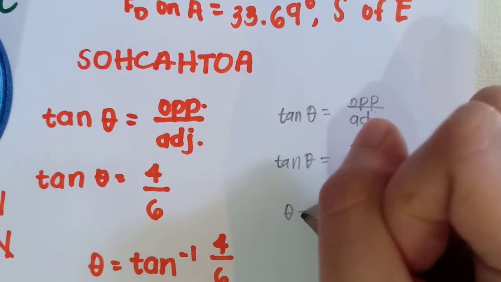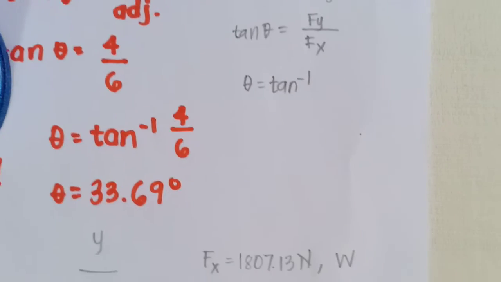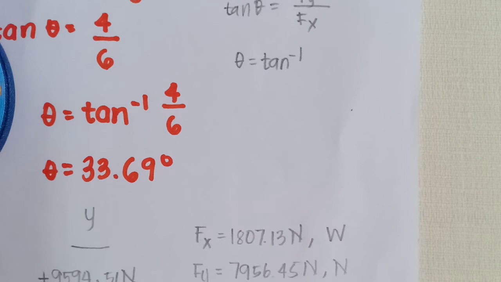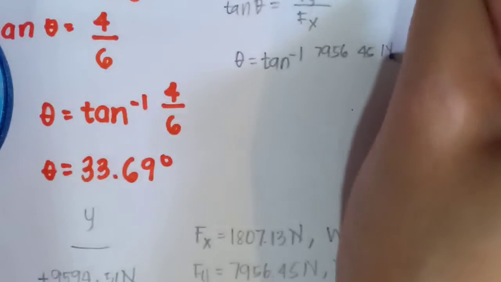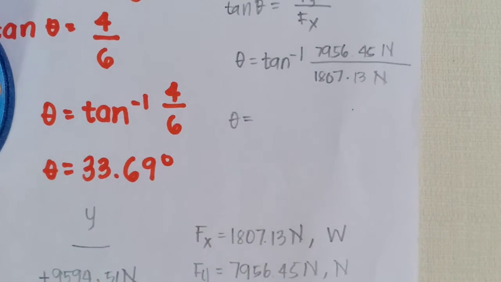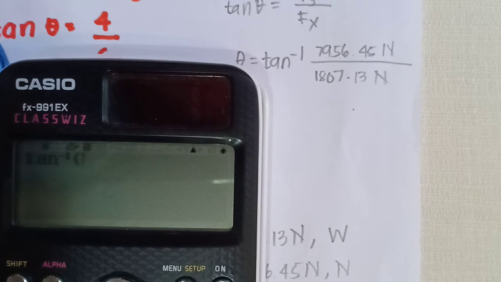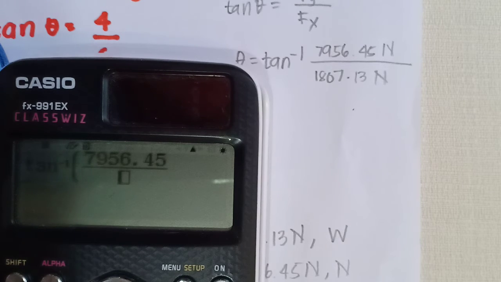Then isolate theta: theta equals tan inverse of Fy over Fx. The value of Fy here is 7956.45 N, then Fx is 1807.13 N. Then if you put that in, that is tan inverse of 7956.45 over 1807.13.